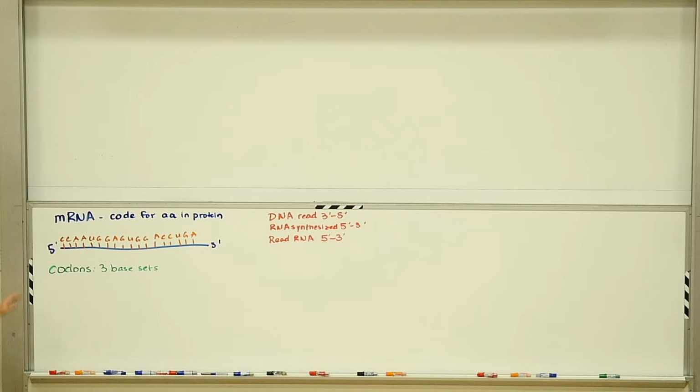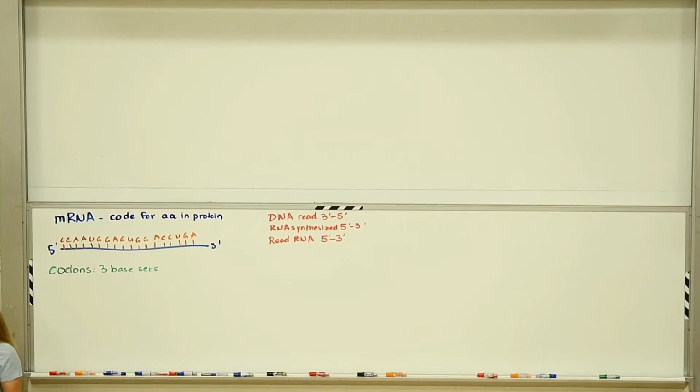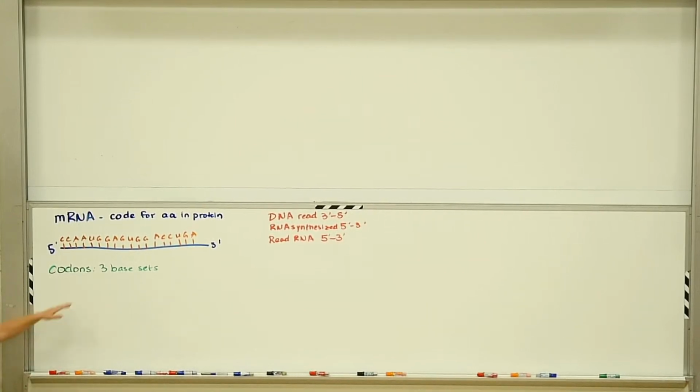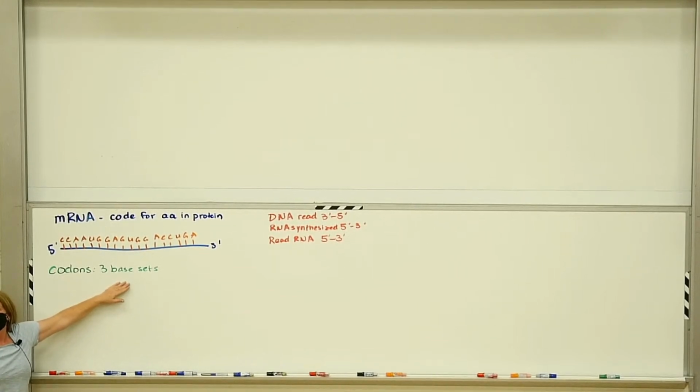If we used each base to code for an amino acid, we'd be limited to 4 amino acids, but we have 20 that we need to be coding for. Even if we tried to do this in pairs and said, okay, we're going to use 2 of these bases to make a code, we'd only get 16 possibilities. So that's why we have to do it in these 3 base sets. But that actually now gives us 64 different codons that we can have. And we only need 20 amino acids.